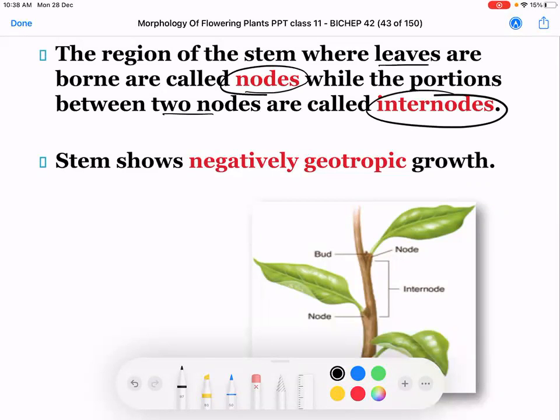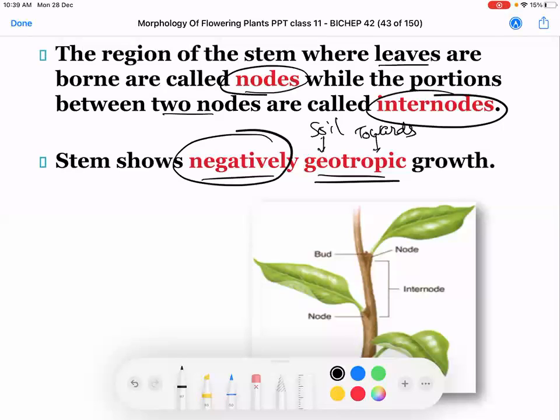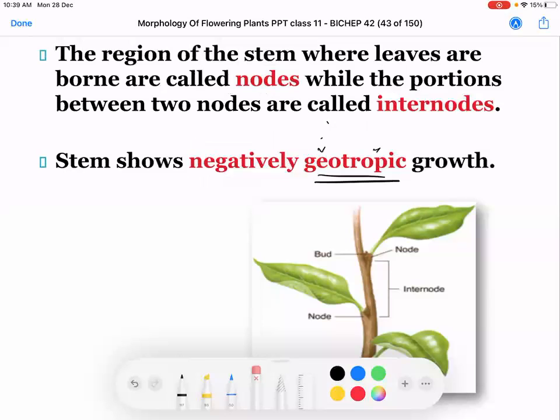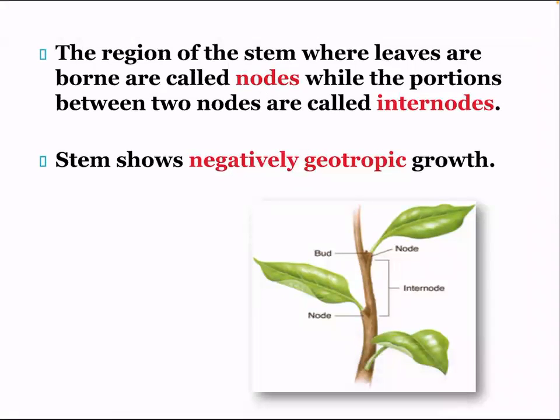Now the stem grows negatively geotropic, that is, in an anti-soil direction, right? Geo means soil, tropic means towards. So it is going against the soil, that is why it is negatively geotropic. I hope it is very clear to you. Please take the screenshot.